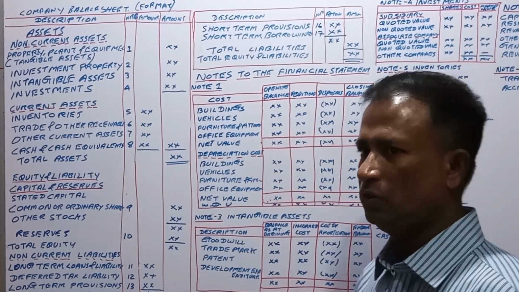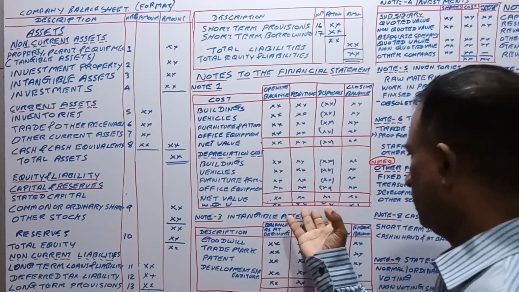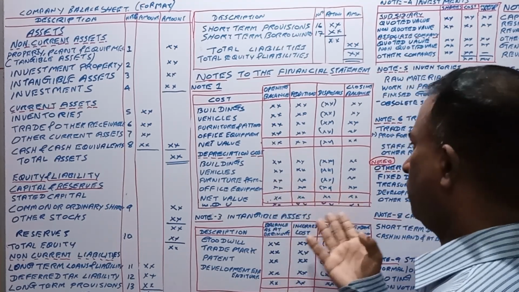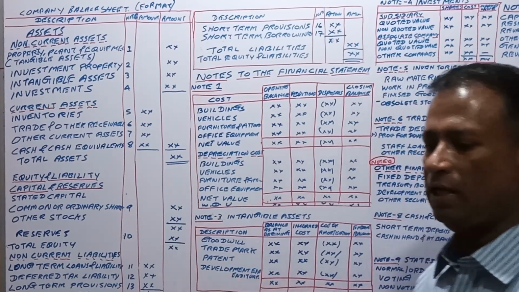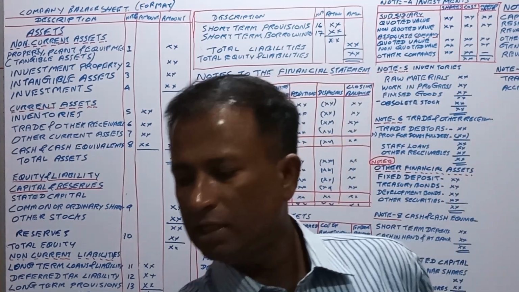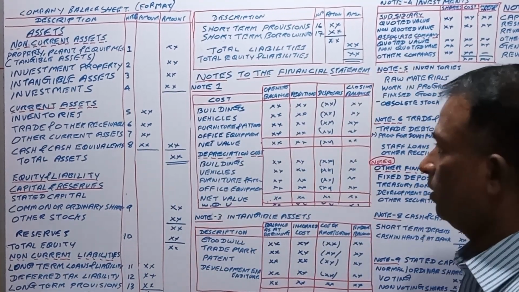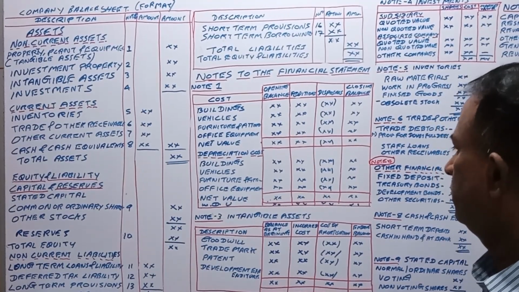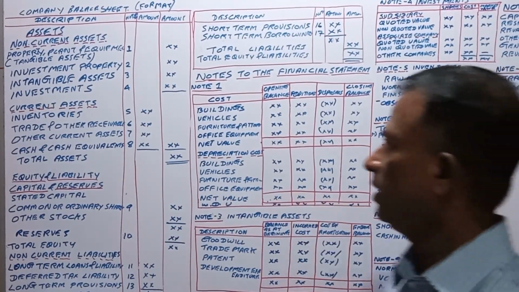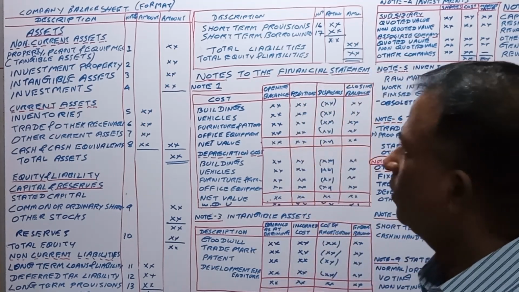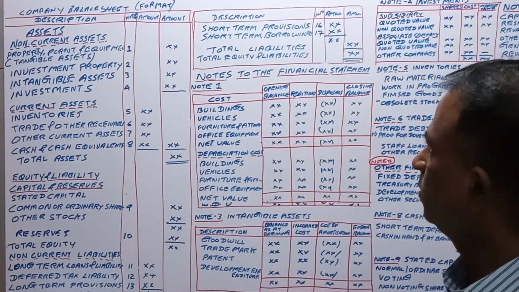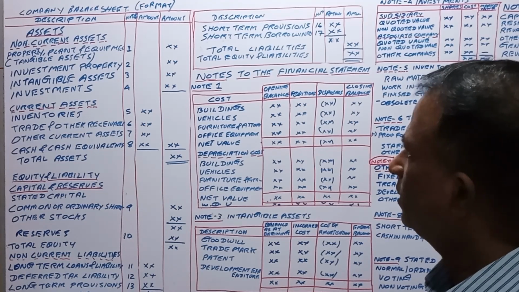So you don't have to prepare any other depreciation workings for the profit and loss account, right? Here itself you can make it. So we have seen the property, plant and equipment format for the tangible assets.